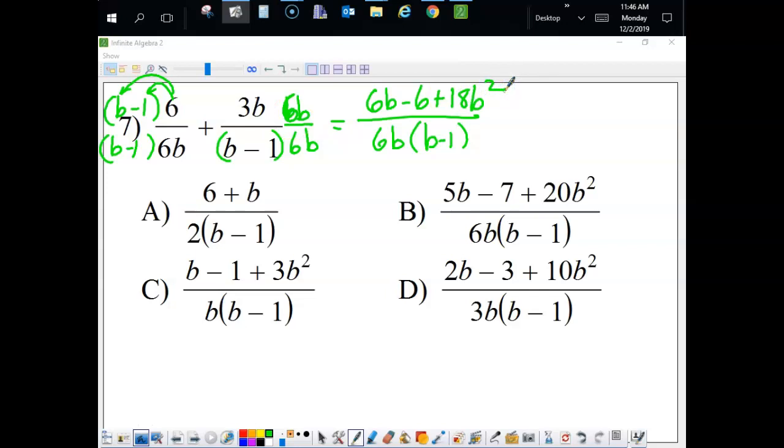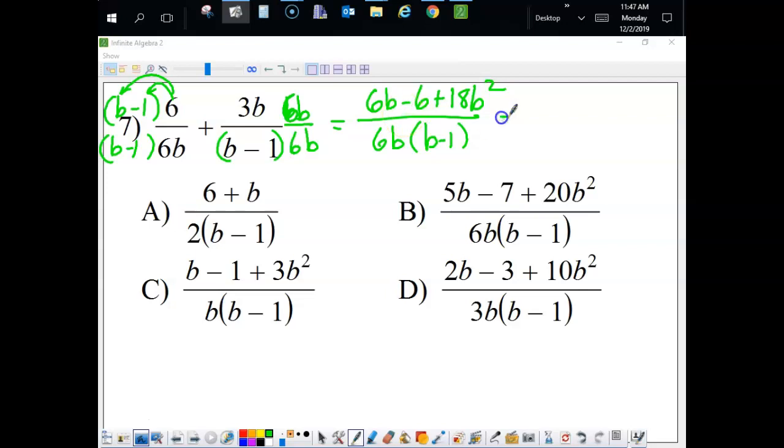Now let's stop and see if that answer is anywhere over here. I'm not seeing it, which means that even though we've combined them, it can probably be reduced. So let's see. Now the bottom doesn't need to be factored. That's why I prefer to not multiply the bottoms together, because it leaves it factored, which helps you reduce later if you need to. But the top can be factored.